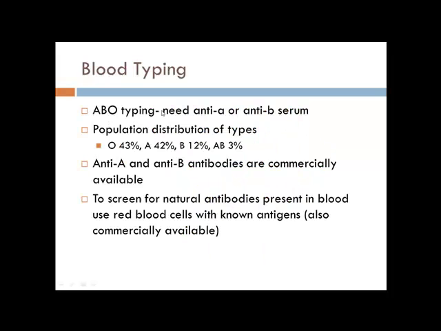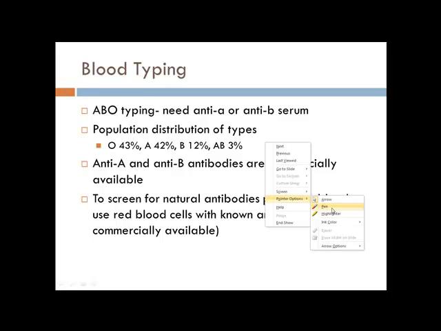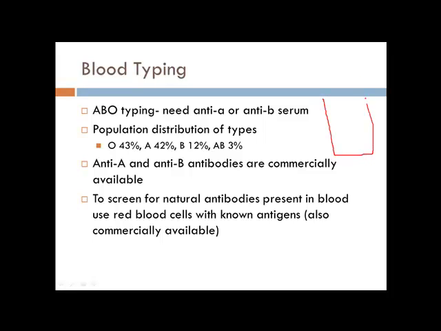To type somebody's blood, you can use anti-A antiserum, anti-B antiserum, and anti-Rh antiserum. You get a slide with three wells, labeled A, B, and Rh.